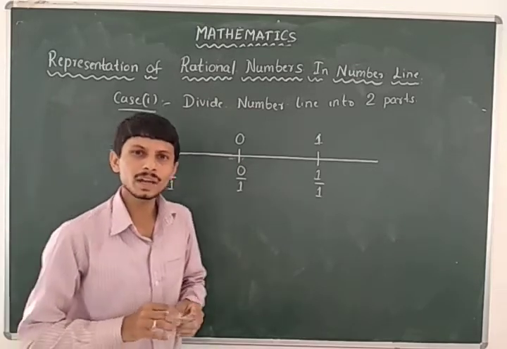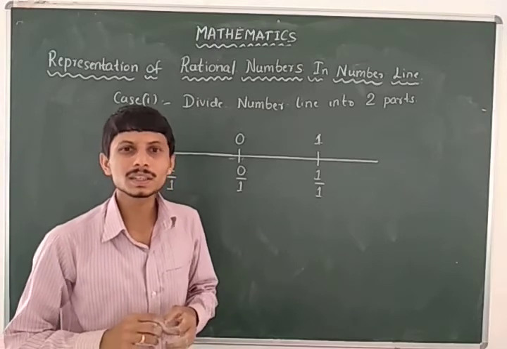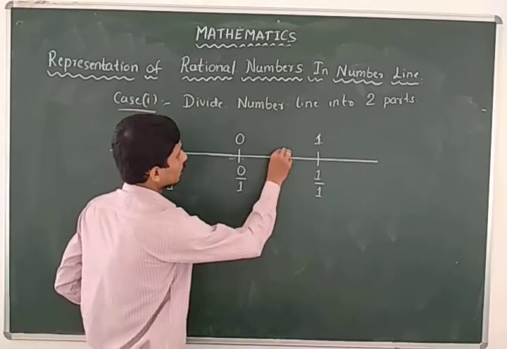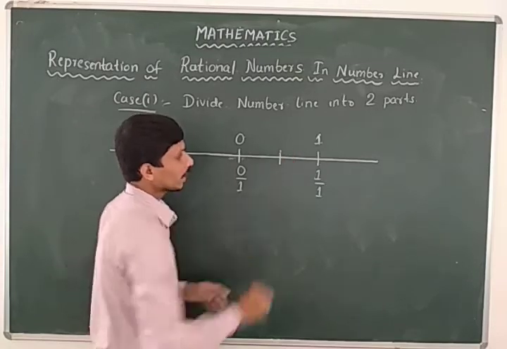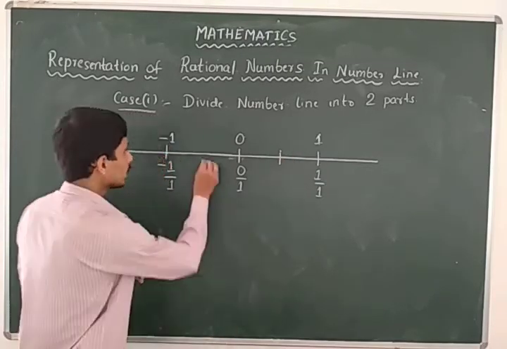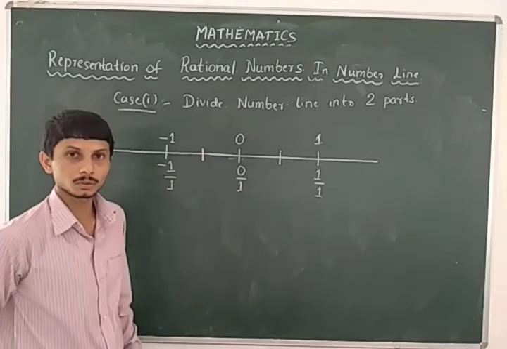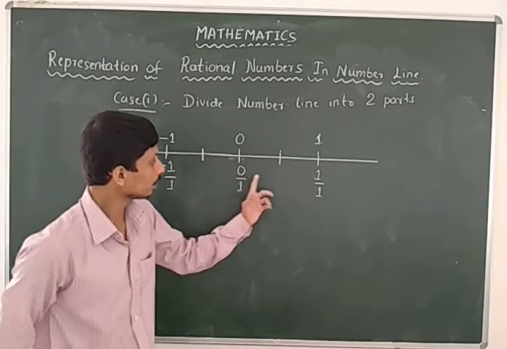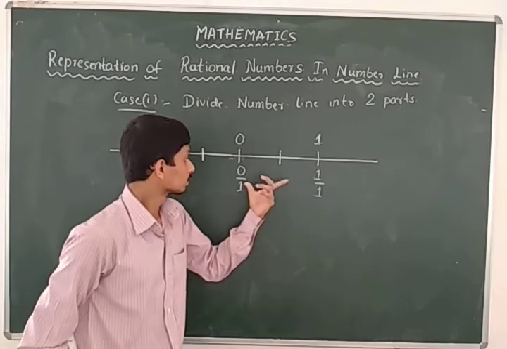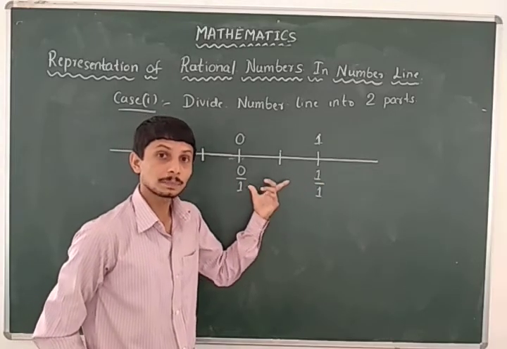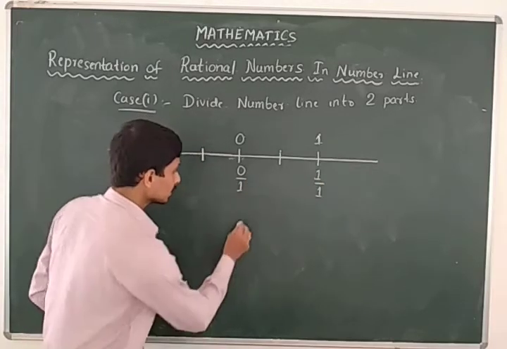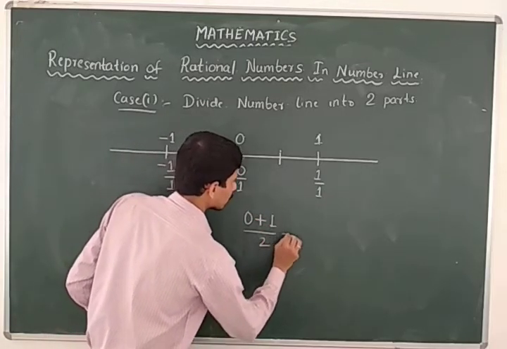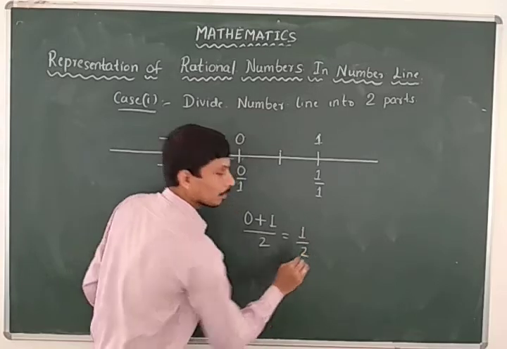After that we have to represent some more rational numbers. Here we divide further into two parts, and here also we divide further into two parts. Dividing this part into two parts, that means 0 plus 1 divided by 2, the answer is 1 by 2.